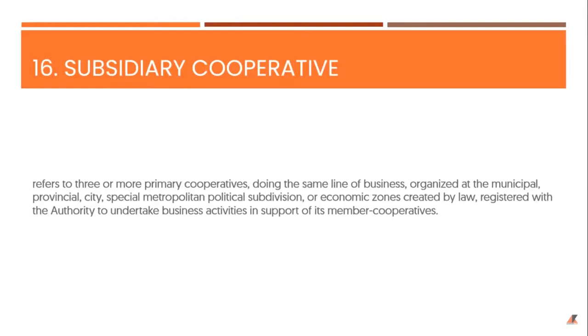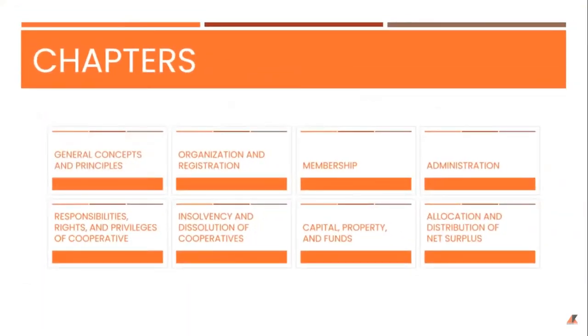This refers to 3 or more primary cooperatives doing the same line of business organized at the municipal, provincial, city, special metropolitan political subdivision or economic zones created by law, registered with the authority to undertake business activities in support of its member cooperatives. So that's it for our first chapter, and for the next video we will have organization and registration of cooperatives.